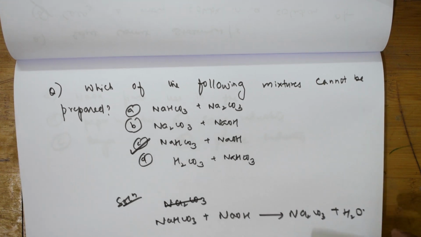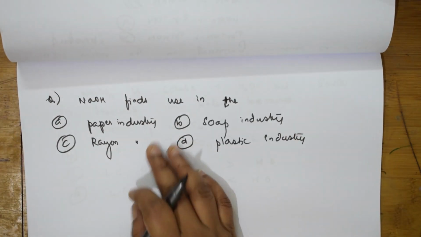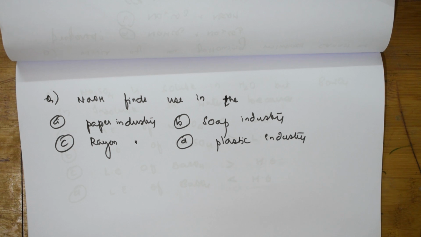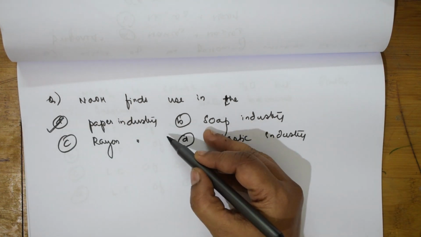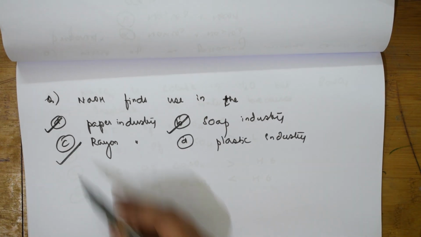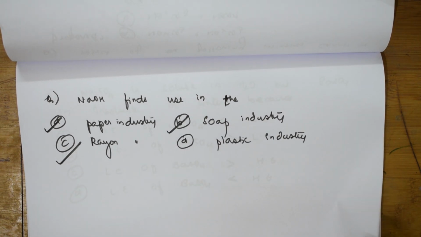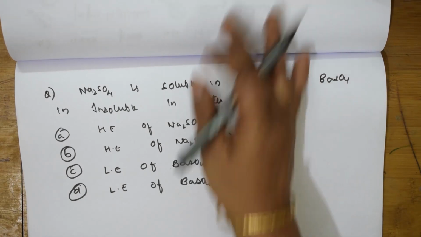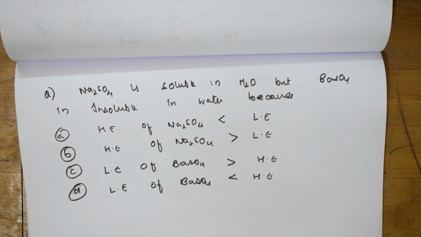Done. Let us see one more question. NaOH, a direct question, finds its use in the paper industry, the soap industry, the rayon industry, right? Direct question. Next question. Na2SO4 is water soluble, but barium sulfate is insoluble. The same question repeated.